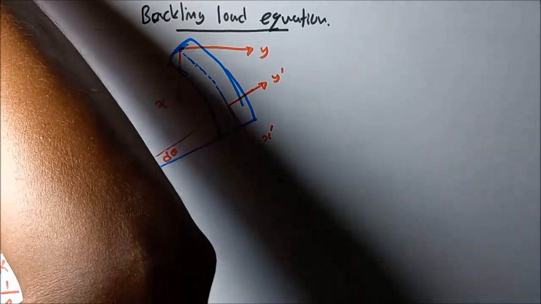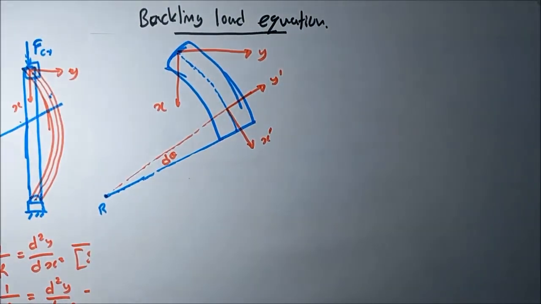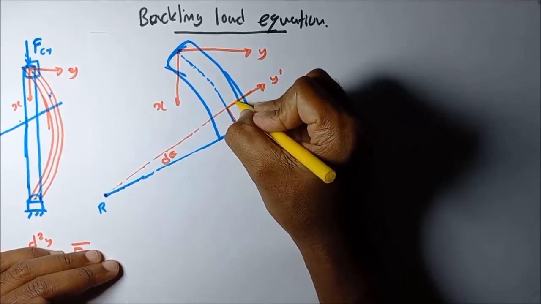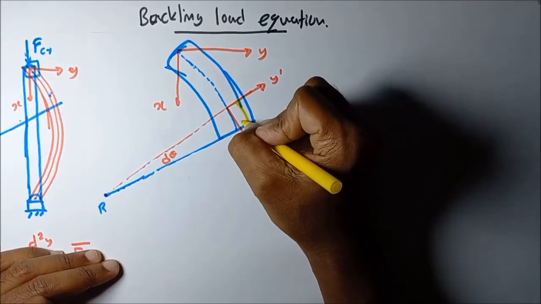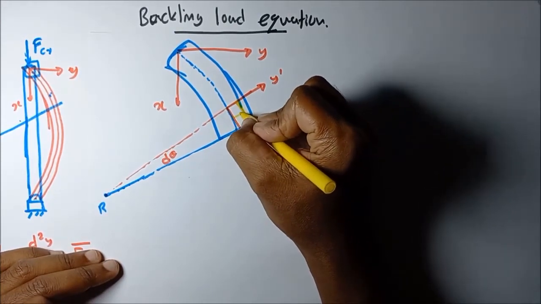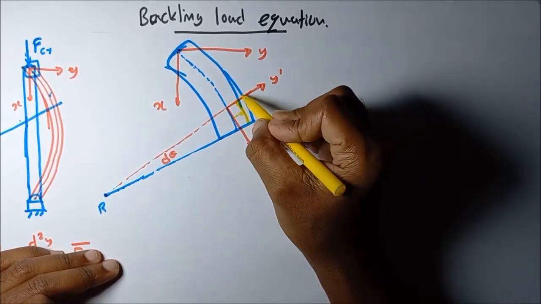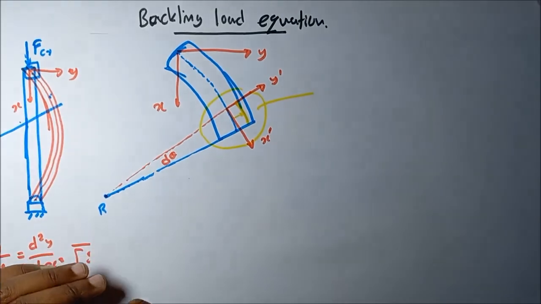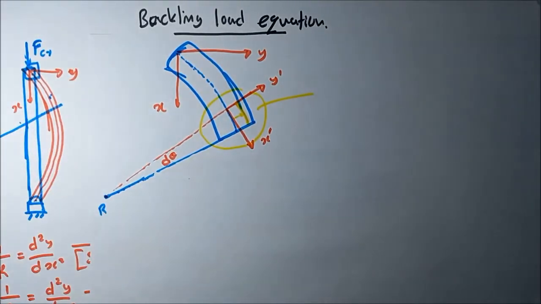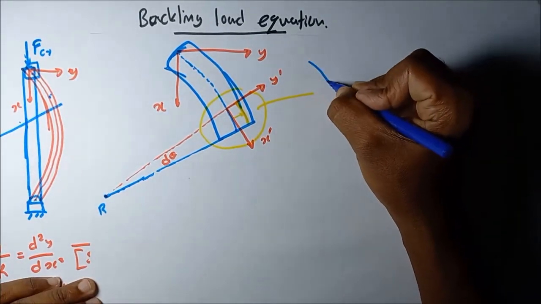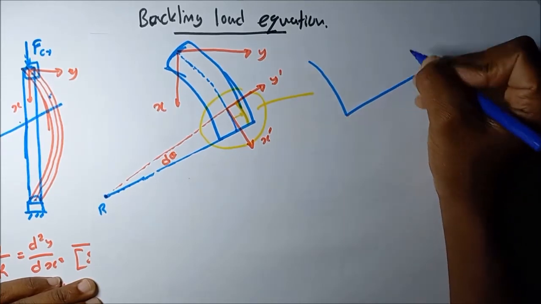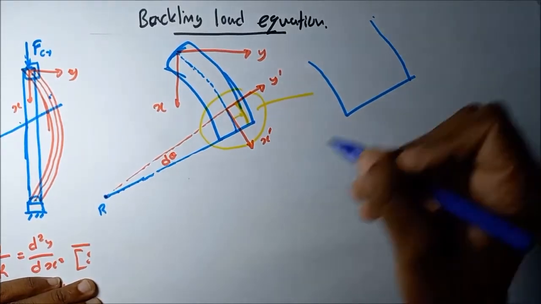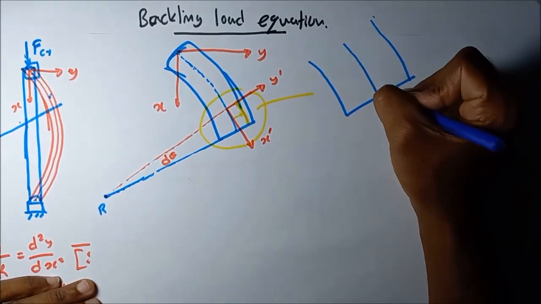Okay, then if you take a certain layer at a y dash distance from the neutral layer, I will enlarge this area to show that one. This is the neutral layer.